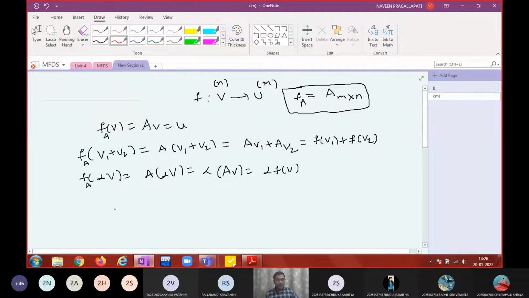That means if I have a matrix of order 3 by 4, this is a linear transformation giving a map from 4-dimensional to 3-dimensional. Is this clear to all of you? This can be viewed as a linear transformation from a 4-dimensional space to a 3-dimensional space.